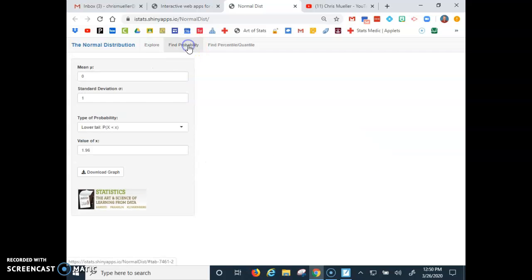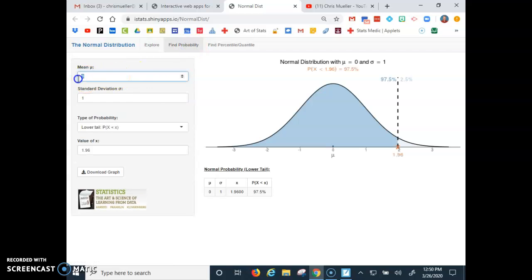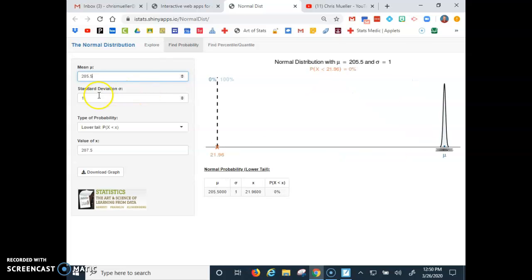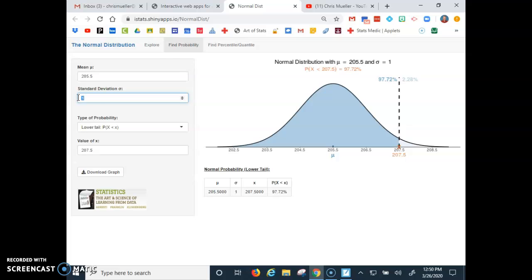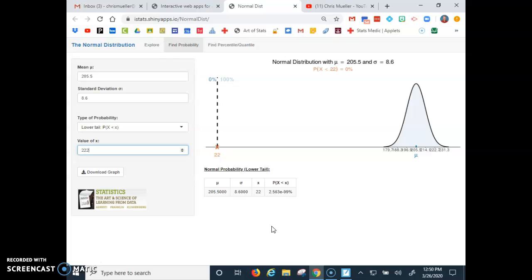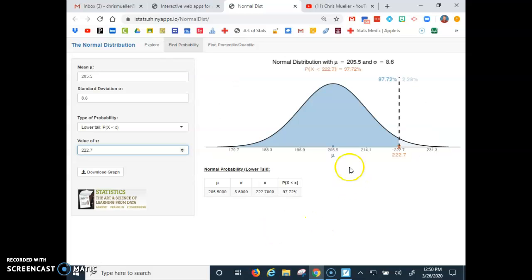And again, we're going to find a probability. So the population mean was 205.5 centimeters. The population standard deviation is 8.6. And we want to know the probability that the reach distance was less than, so we've already got this, and we're going to go 222.7. Oops. So if you go up here and take a look at this, again, we're looking at a probability, not a percentage.